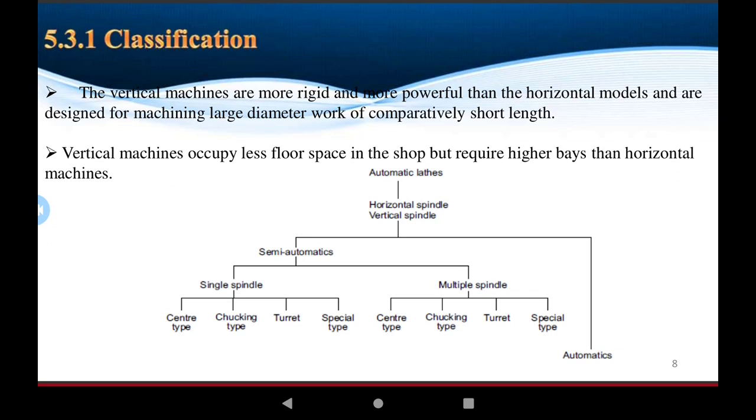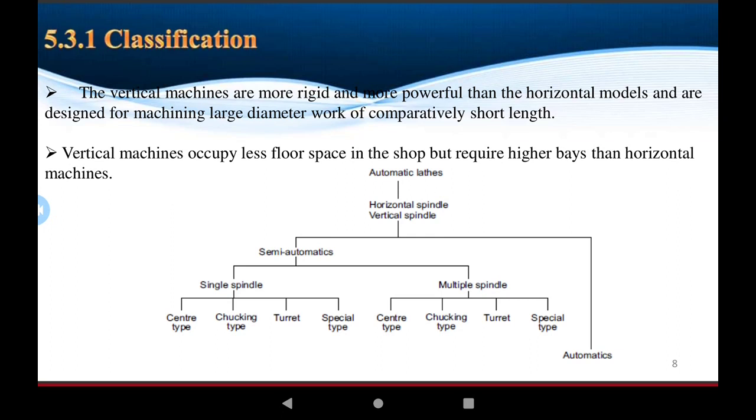Some vertical machines are designed with a structure that needs less floor area. Vertical machines are also selected when a stable plant layout is needed and very little shop space is available, but they require higher buyers than horizontal machines.